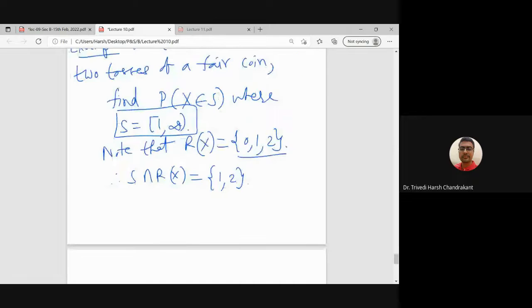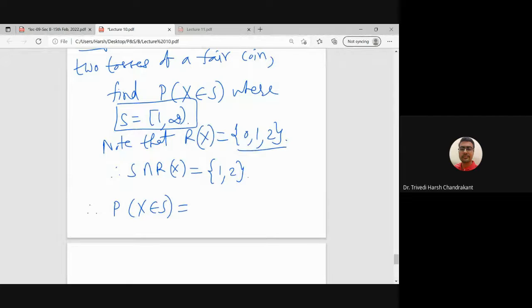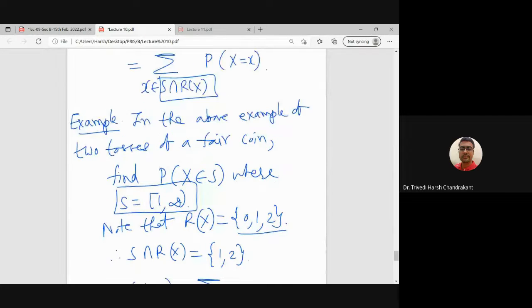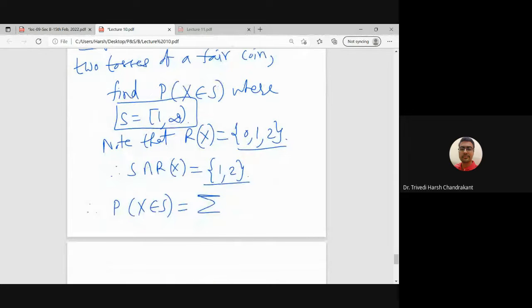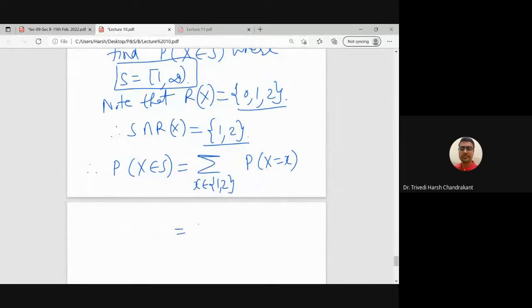So now the question is, therefore, what is the probability of X belongs to S? So that is essentially summation over elements of the range which belong to S. So that is these two only. So, summation over x belonging to 1, 2 of probability of X equals x. So that is essentially probability of X is 1, plus probability of X equals 2.